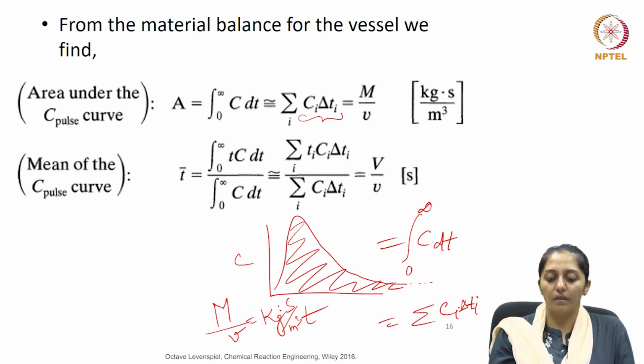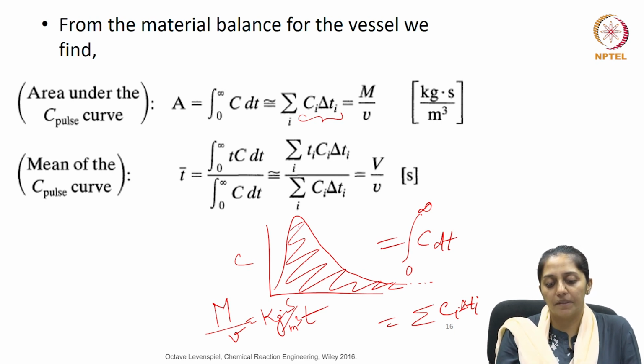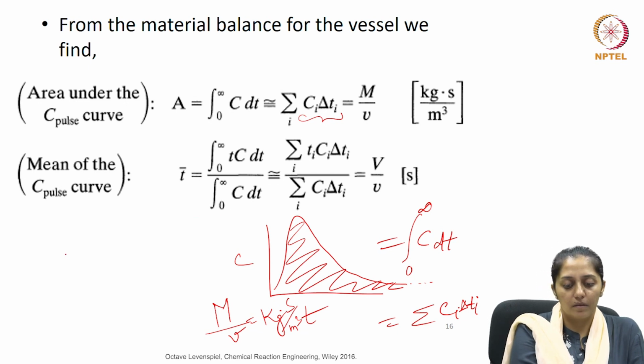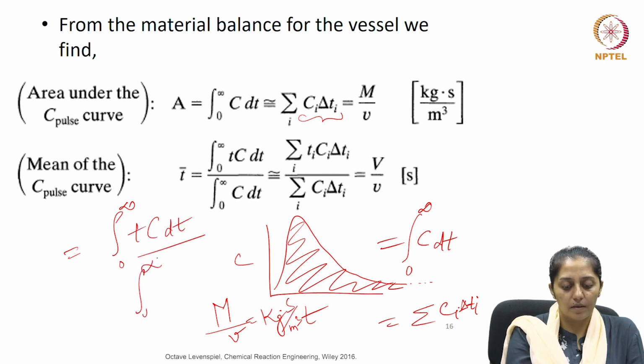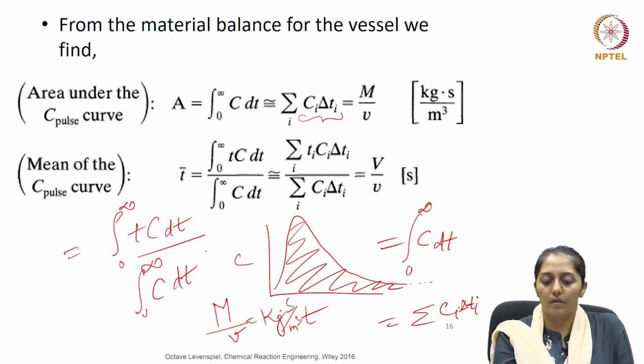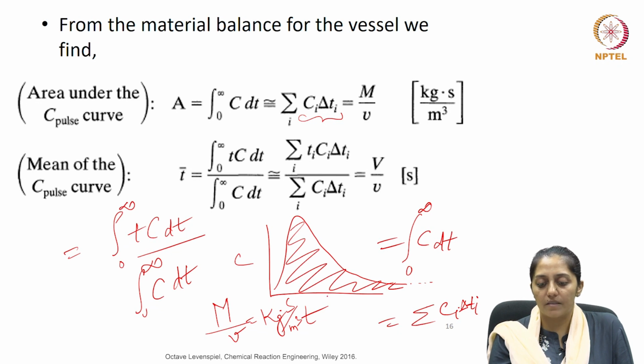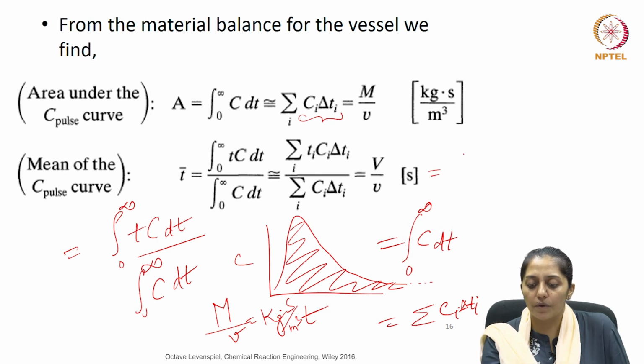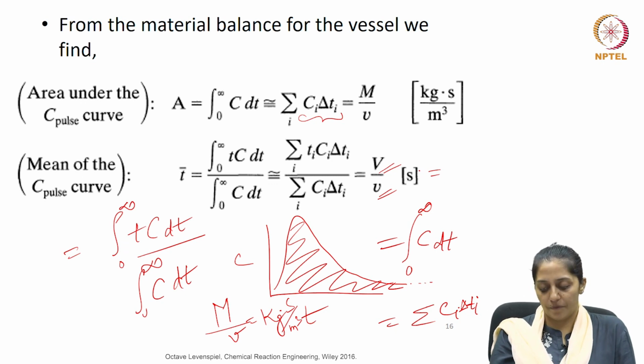Now the mean of this curve can be determined by using statistics, as shown here, so your mean residence time can be obtained. We know it is F by V inverse, which is V by F, volume divided by small v, the volumetric flow rate.